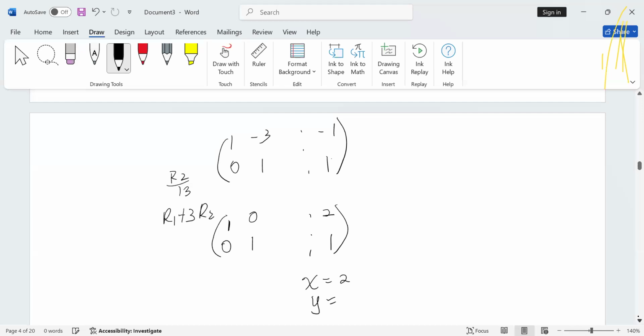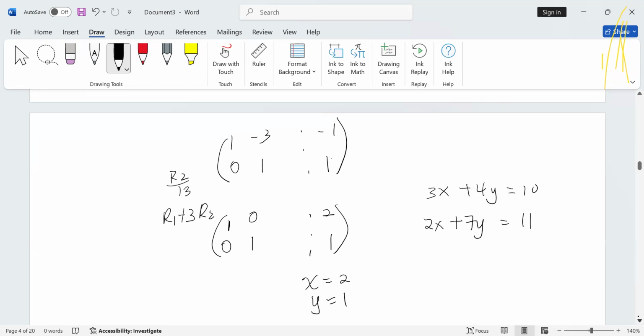Get to know that your solution is right. Always substitute into your equation to see if it satisfies both equations. That will tell you what you got is right. You don't need to check the inverse. Just check 3x plus 4y equals 10.